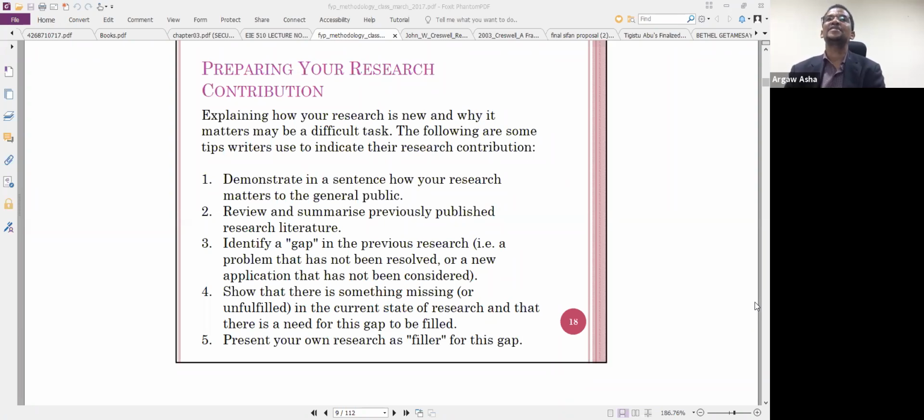Then you can summarize what the result was, in which areas they were lacking. So from those areas, it will divert you to do the new research, or it will divert you to do the gap, because there is a gap between two situations.